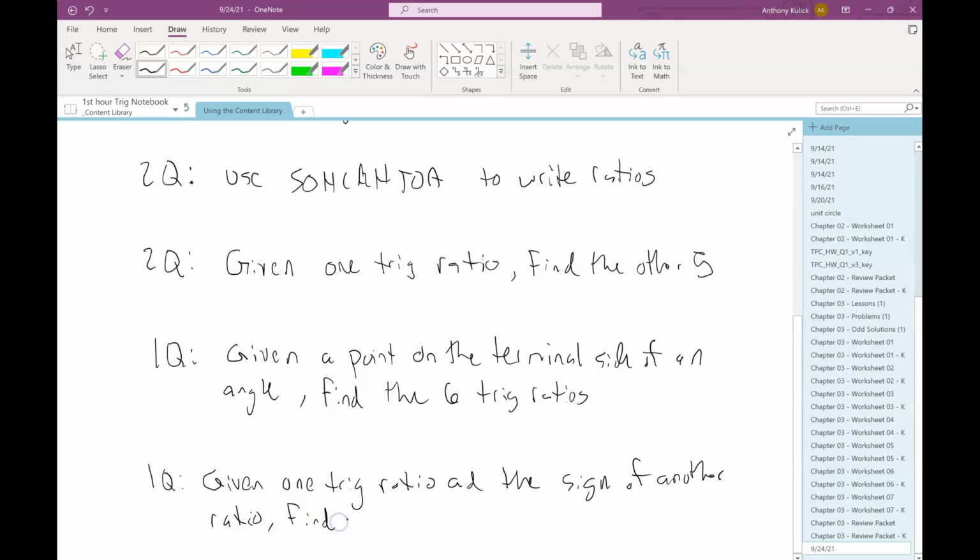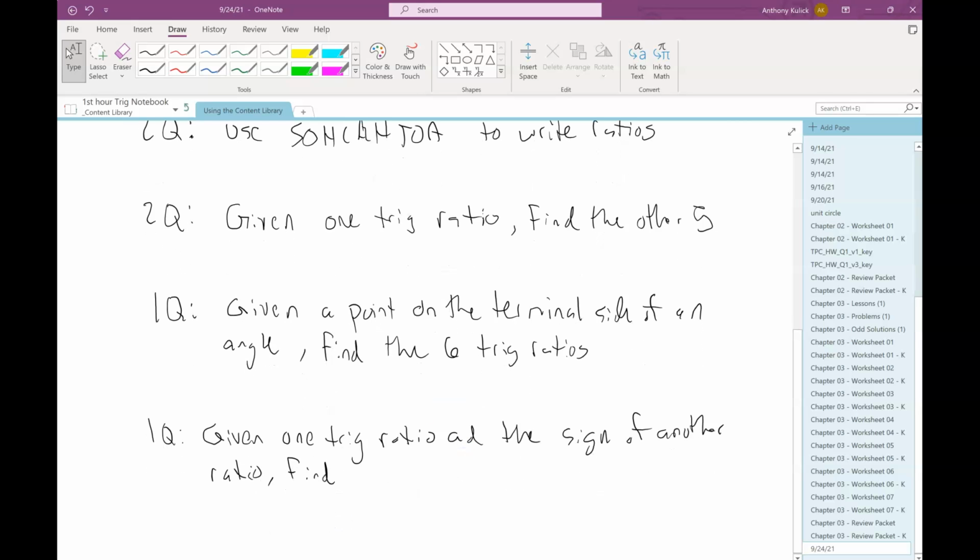And then you'll want to find one of the specific ratios. So it'll say in the question like, okay, find sine if cosine is 5/3 and tangent is negative or something.